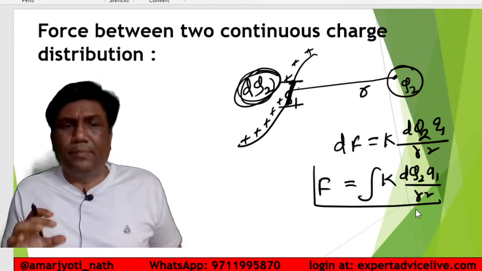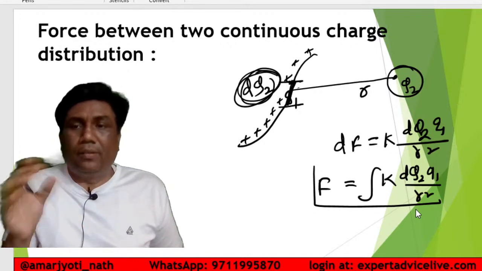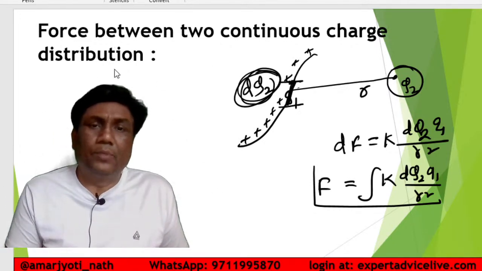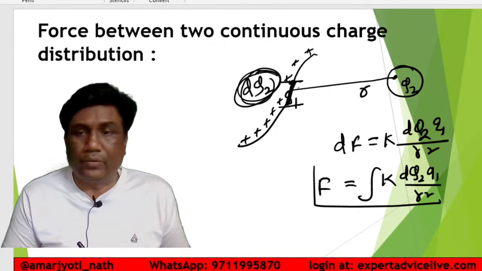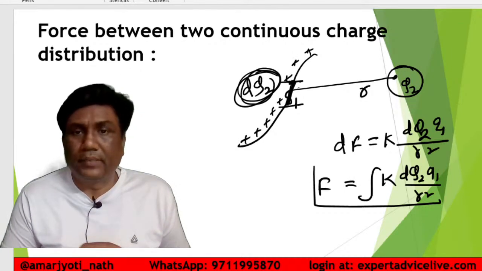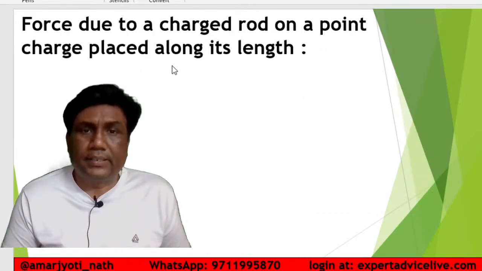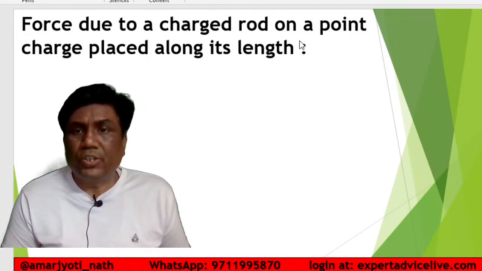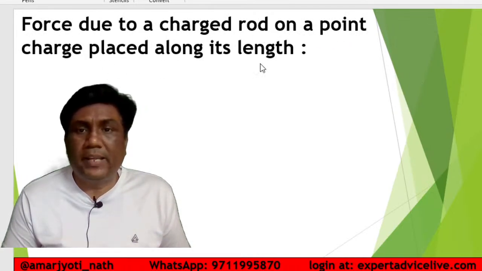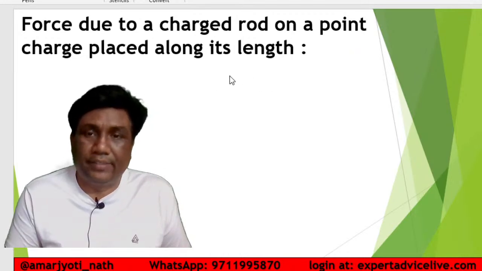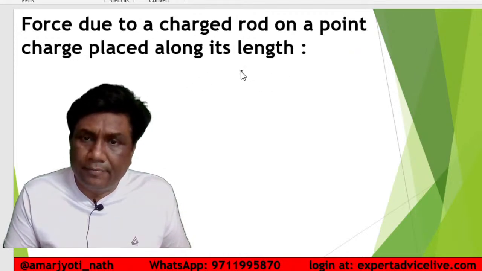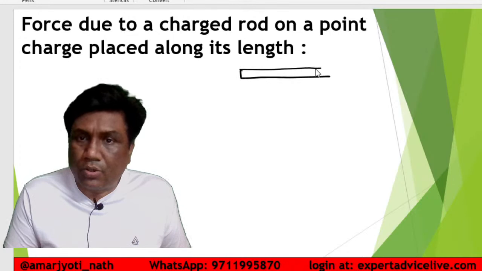Anyway, this is the simple way of doing it. Let me take one example so that you get it clear. Let us discuss the force due to a charged rod on a point charge placed along its length. We are going to derive it. Say we have one charged rod, say it has positive charge.